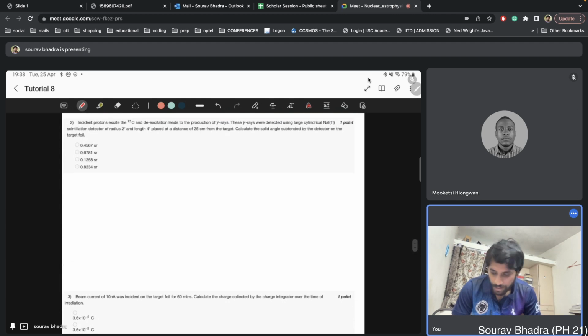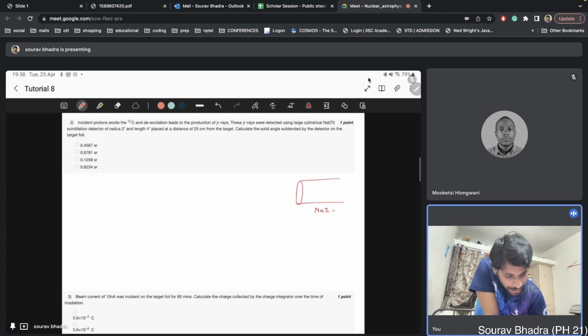Then second, the incident protons excite the 12C, and de-excitation leads to the production of gamma rays. These gamma rays are detected using a cylinder made of NaI, which has a radius of 2 inch and a length of 4 inch.